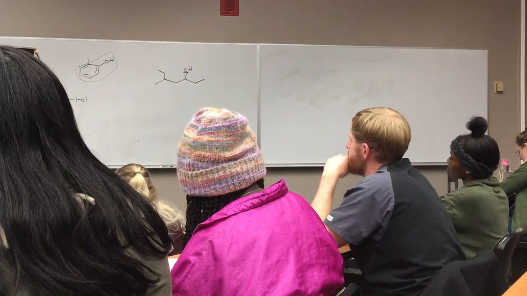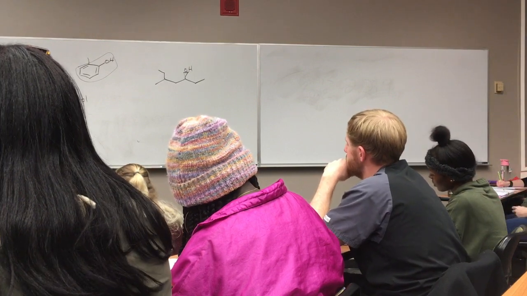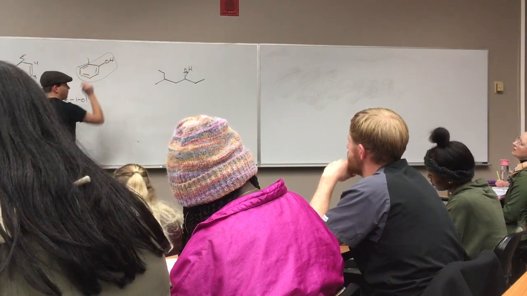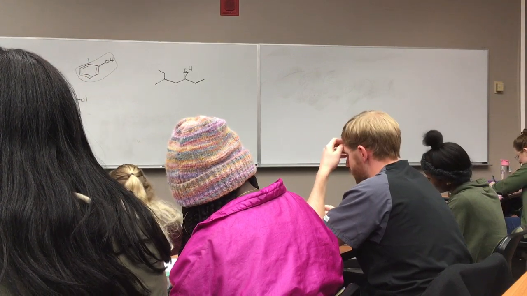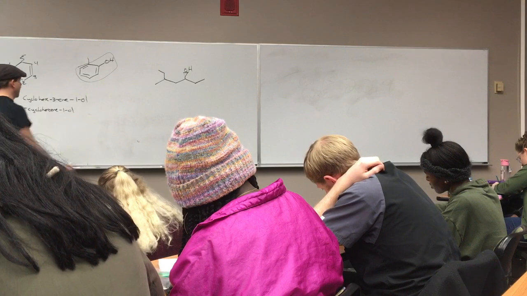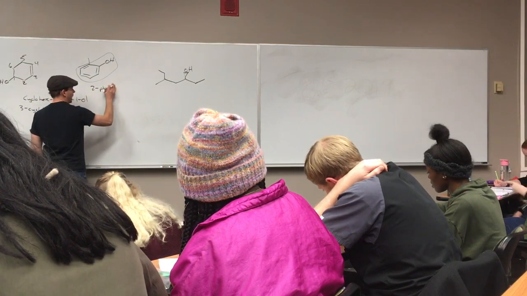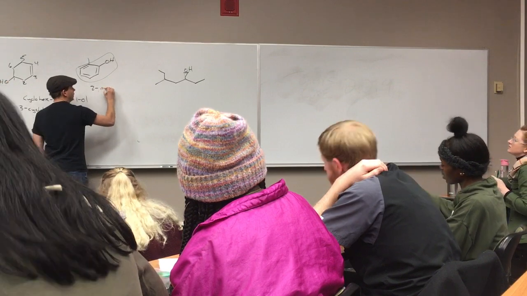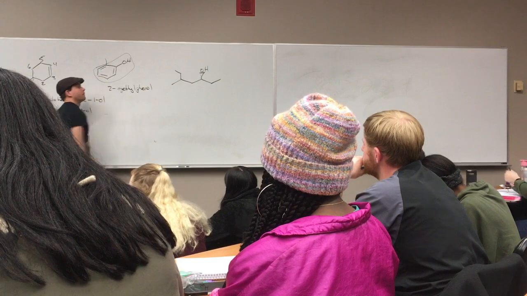We would still count carbon 1 as the carbon where the alcohol is. So where is my methyl group compared to that? 2. Okay, so I have 2-methylphenol. That's it. We'll come back to this when we get to benzene-based compounds.